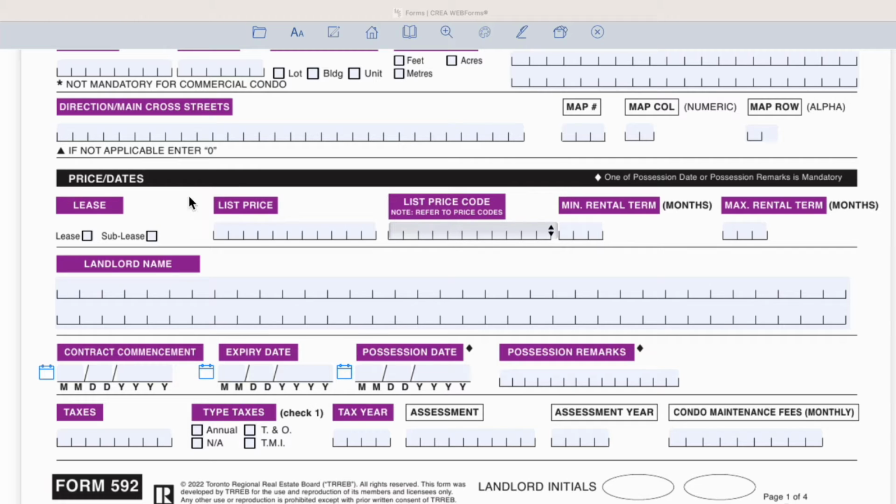If the market in commercial retail space along Dundas Street here is $20 a square foot net, and the retail space is 20 by 50, which is 1,000 square feet, then you multiply 20 times 1,000, which gives you the net annual rent. Divided by 12 will give you the monthly net rent.